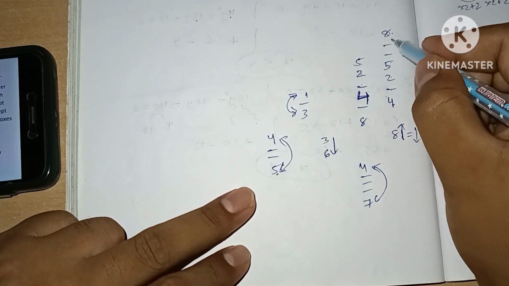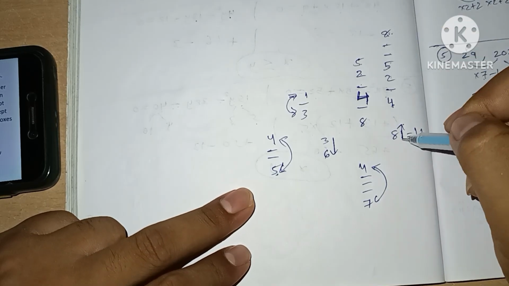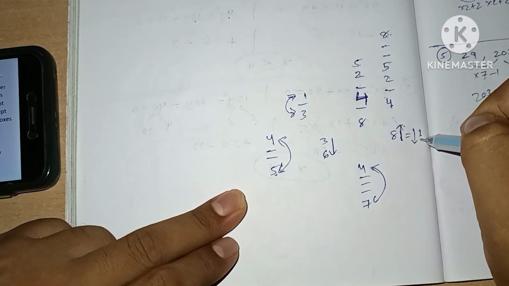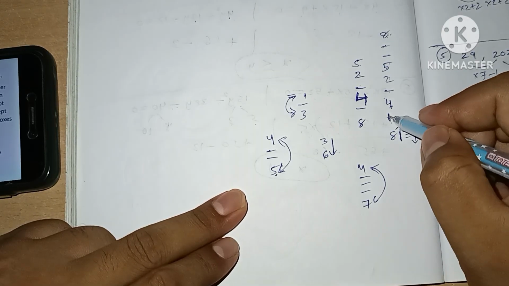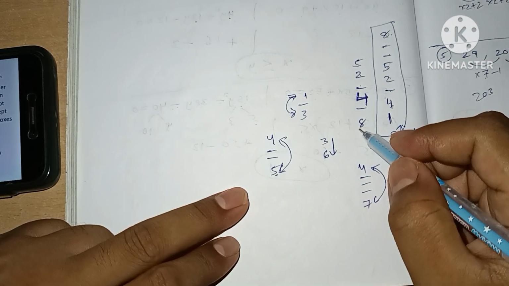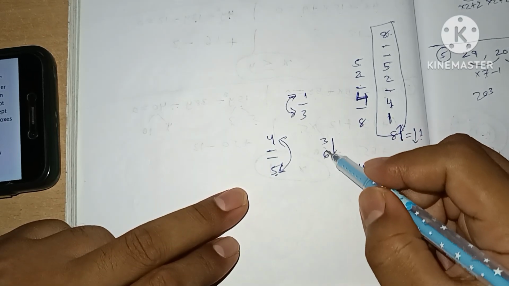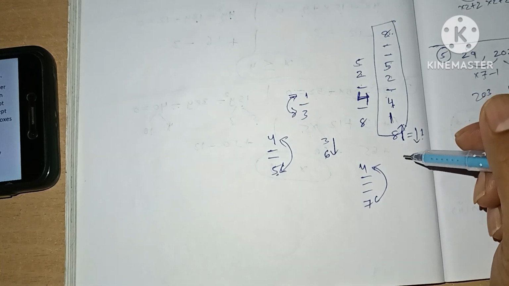Okay. 1, 2, 3, 4, 5, 6, 7. 7 are completed. 8 above is equal to 1 below. 8 is on the top, so 1 is below. Okay. Now this stack is completed. What we have left is 3 and 6. Wait a second.